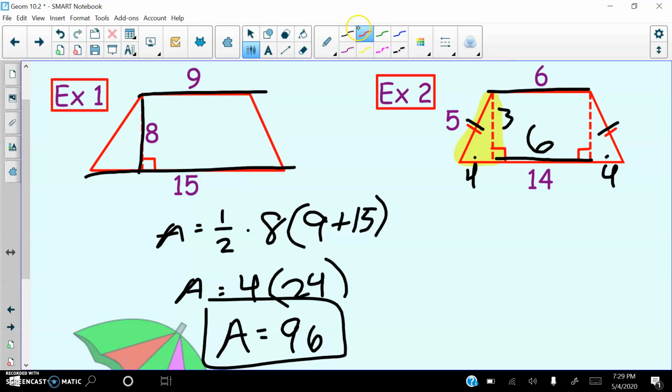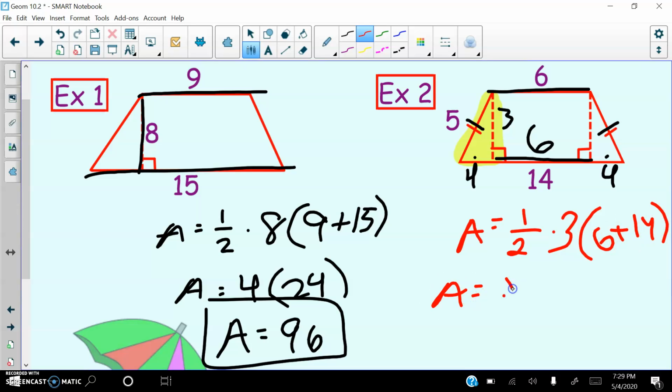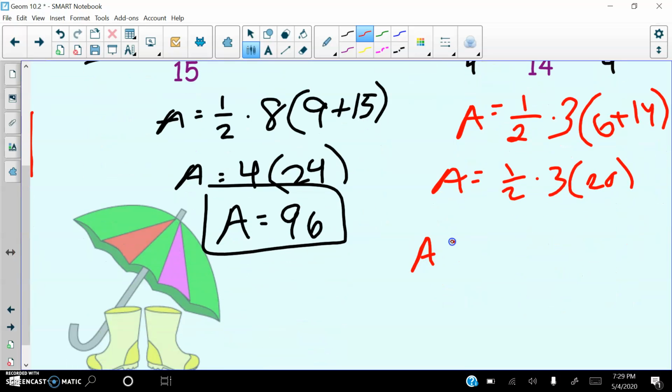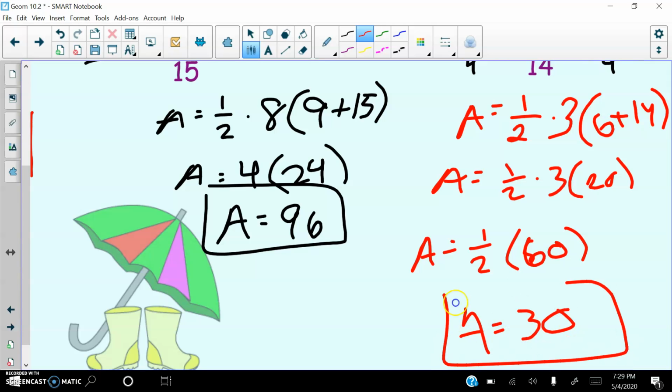The area equals 1/2 times the height 3 times the two bases added together, 6 plus 14. Area equals 1/2 times 3 times 20. 3 times 20 is 60, and 1/2 times 60 is 30. Not too bad.